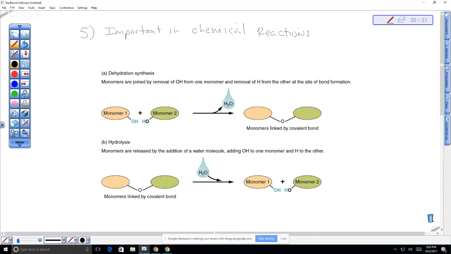So this first one is called dehydration synthesis. Synthesis means to build, to put together, and so this would be anabolic, right? So we're going to build something.